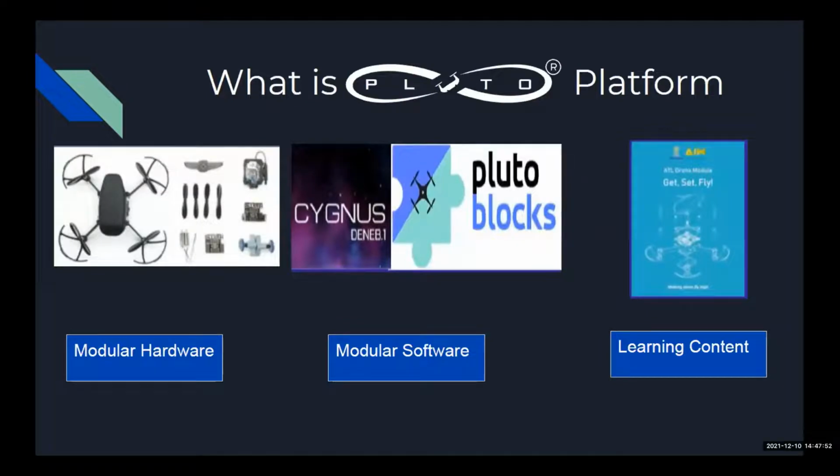It has modular hardware where we have different kinds of drones and different add-ons and accessories which can be used to learn about drones and to do experiments on the drone. Then there is software. For different kinds of audiences, we have different options, like block-based programming with Pluto Blocks. Then we have Cygnus for hardcore programmers, so they can program our drones using Cygnus as well.